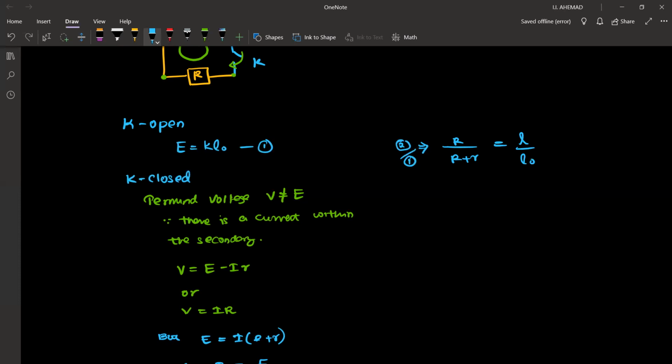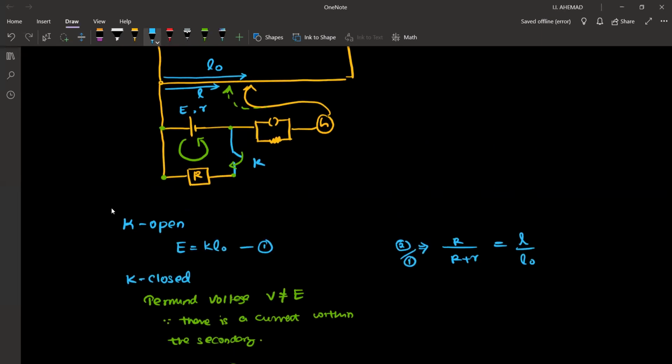So here, what is the dependent variable? What is the independent variable? You change R. This is a resistance box. You can change R. So when you change R, this L, not the L naught, is going to change.